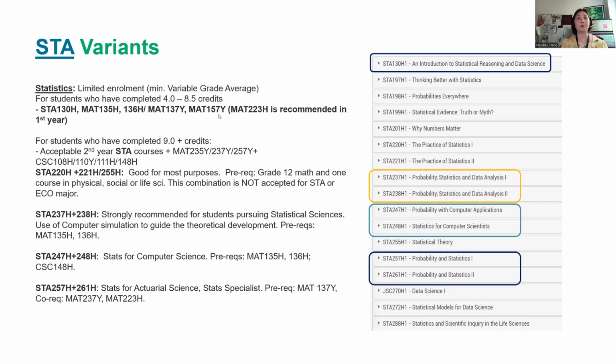So if you're one of those students that didn't intend to, but then later want to do a minor in statistics or whatnot, then that's fine. It's just that without the 130, you will need to apply for this stat program in the second year after you take one of these second year combinations of stat courses. So again, these are second year stat introductory courses.